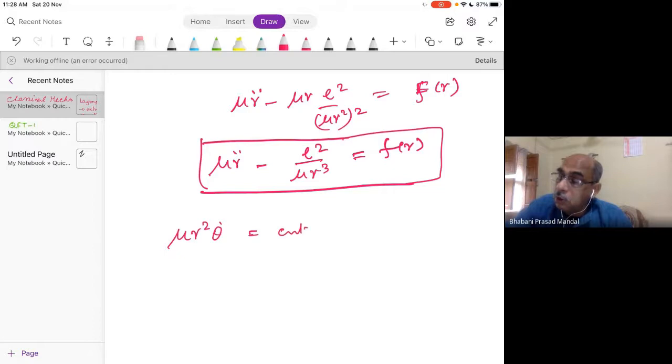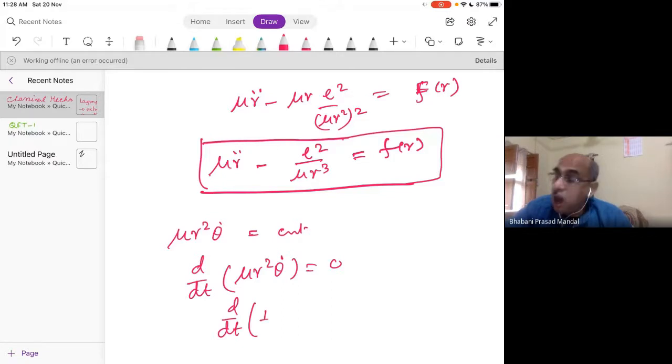That means d/dt of mu r square theta dot is 0. That means d/dt of half r square theta dot equal to 0, dividing both sides by 2 mu, so this mu gets cancelled.